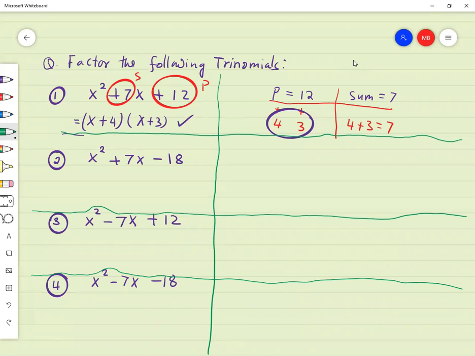Okay, let's look at the second example where we have x squared plus 7x minus 18. This time, we are looking for the two numbers whose product is negative 18 and sum is positive 7. P for the product, S for the sum.